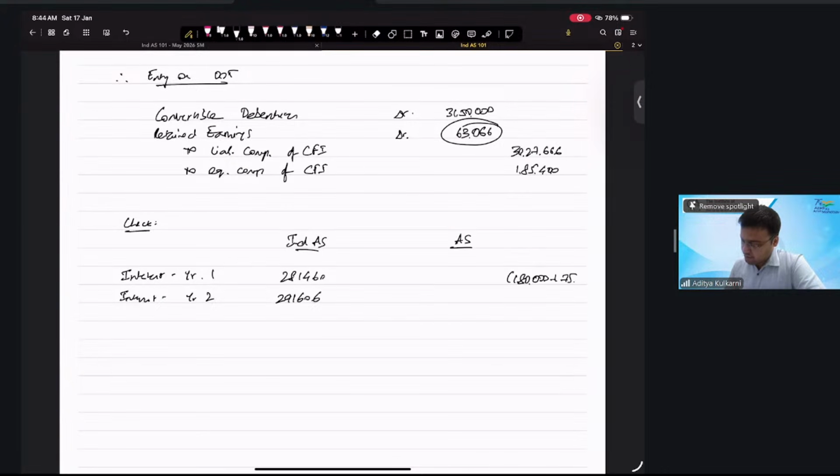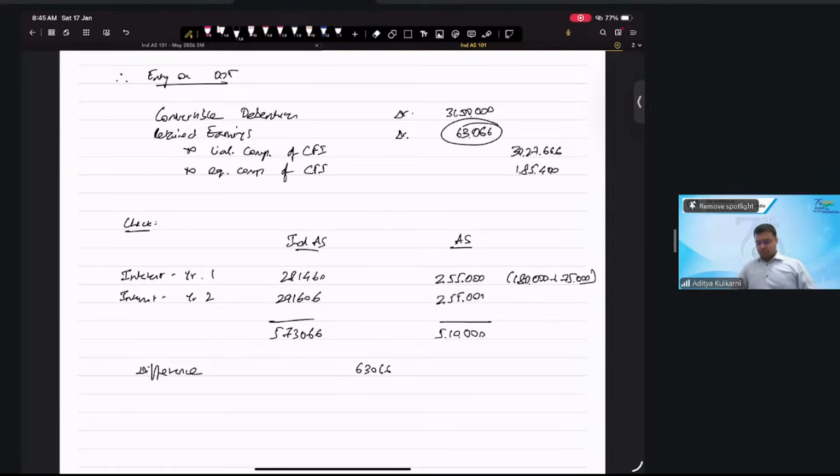Coupon 1,80,000 plus principal 75,000, because you are amortizing the premium, so 75,000. So 1,80,000 plus 75,000, 2,55,000 each year. Is it okay? Yes. So this is the difference, 63,066.